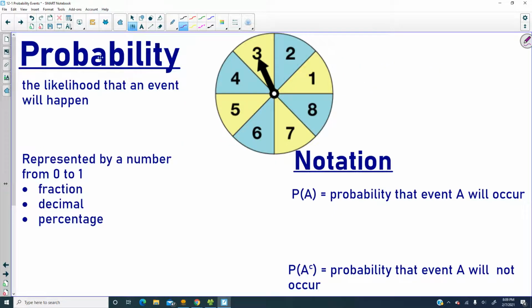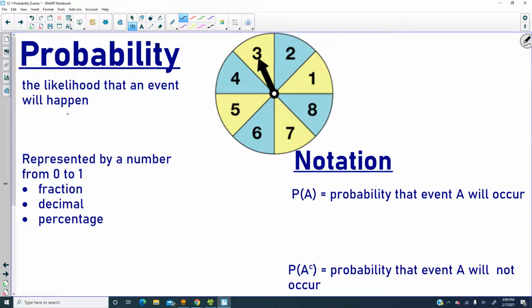All right, so the first thing that you need to know, and by the way, this won't appear in your workbook until we get to example 1, so you might need to write this down on your own paper or over to the side. Probability is the likelihood that an event will happen.